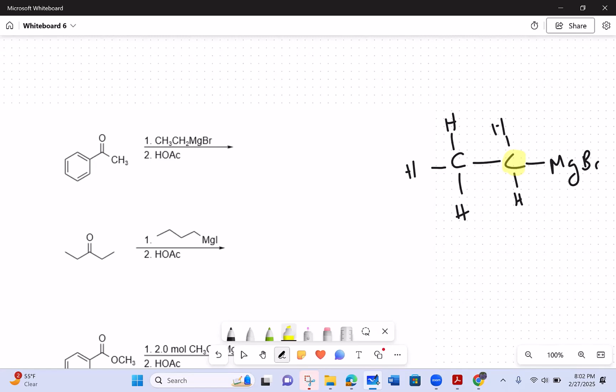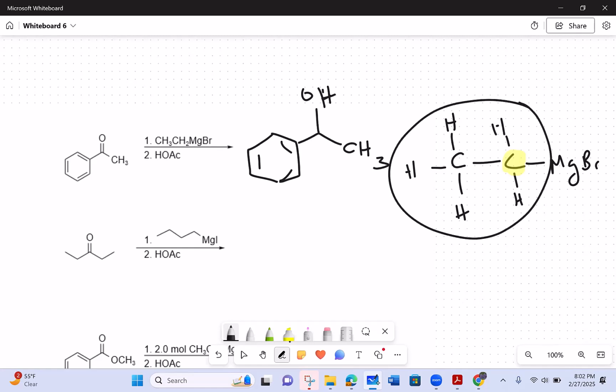So remember when I gave y'all this little shortcut for the alcohol synthesis? If I just draw this out as an alcohol first in the product, then if I replace that magnesium, I take that bond that's drawn to magnesium and redraw it right here.